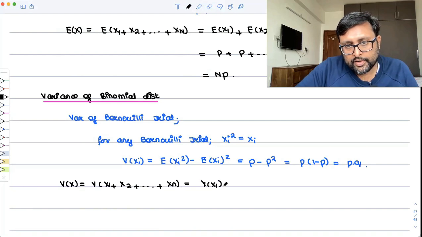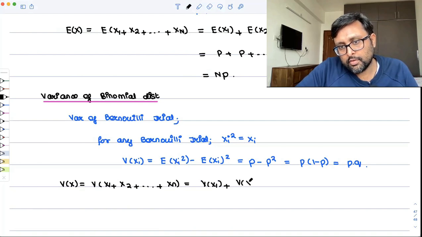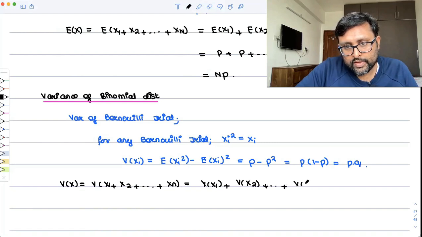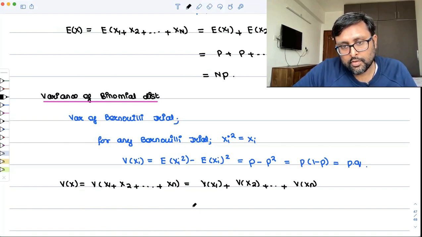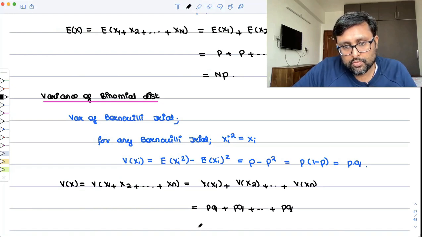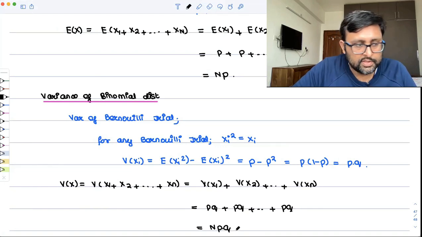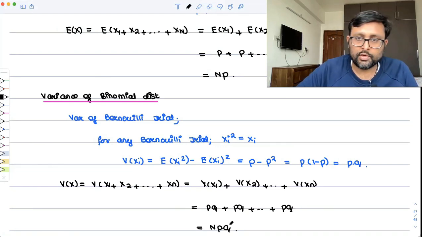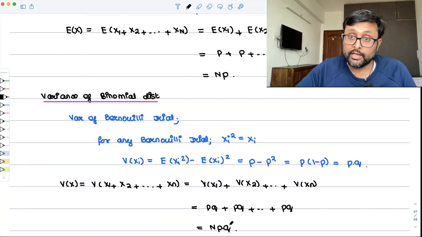That is variance of x1 plus variance of x2 and so on to variance of xn. So this is pq plus pq and so on to pq. This is nothing but npq, right? So that is the variance of the binomial distribution.